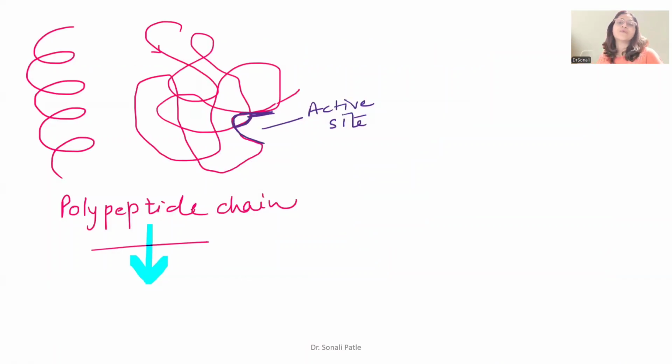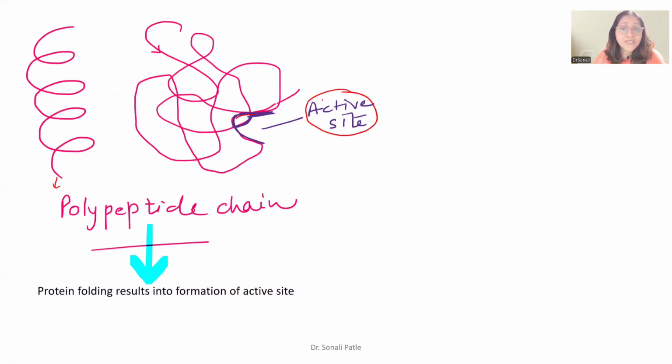Now, we know that proteins are polypeptide chains. By the folding of the polypeptide chain, some sites will be formed, and these we can consider as the active sites. What is the importance of the active site? It is very interesting to know that these active sites are sockets, and in these sockets a particular substrate will get attached.